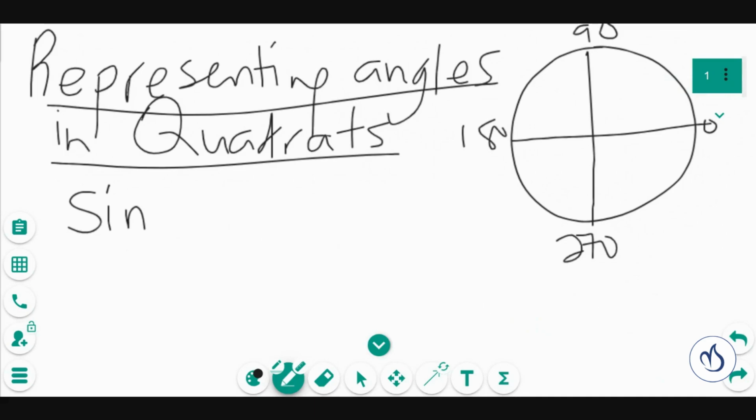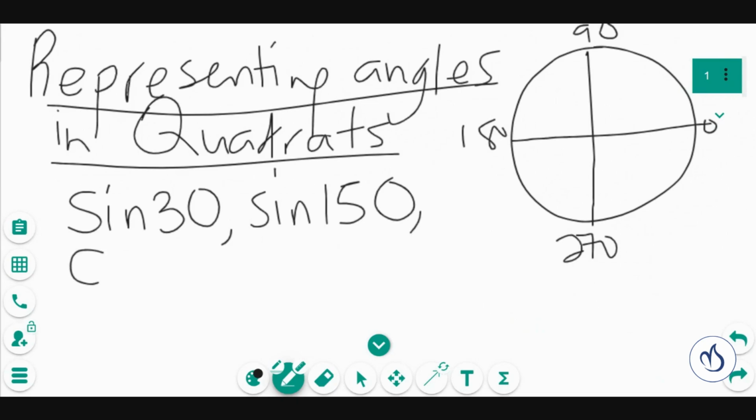the sine of 30. We're going to represent the sine of 150. We're going to represent the cos of 210.